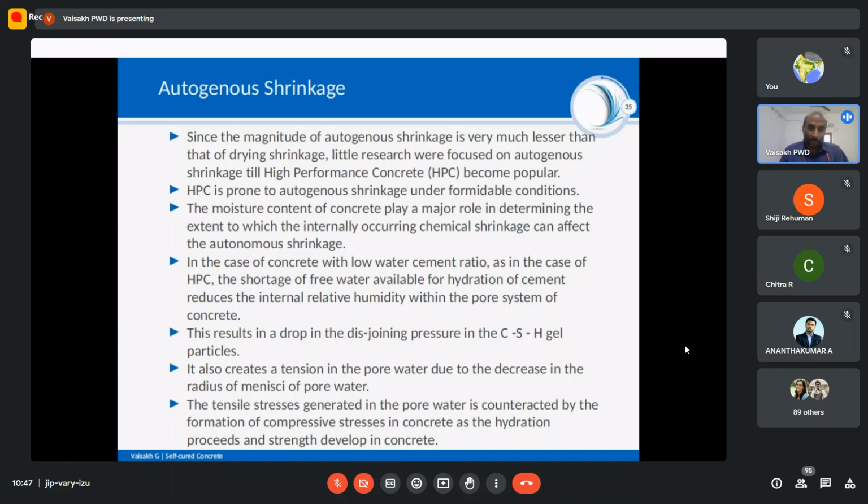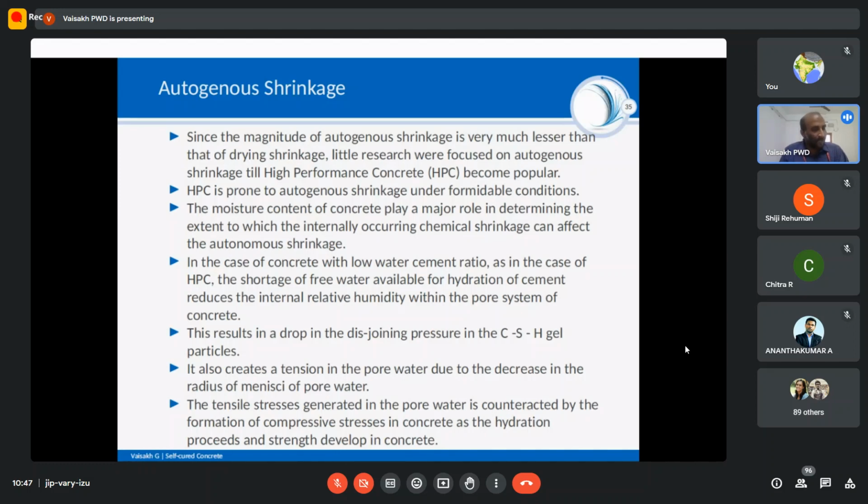When high performance concrete became very popular, this high performance concrete is very prone to autogenous shrinkage, and people started focusing on autogenous shrinkage of high performance concrete. This is particularly true when there is a high performance concrete with a lower water cement ratio.